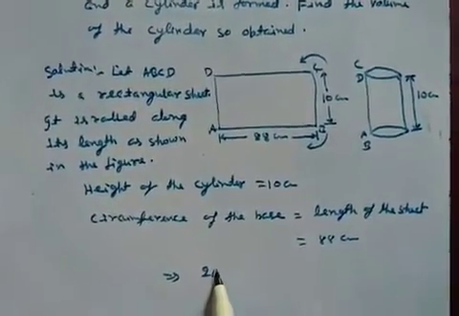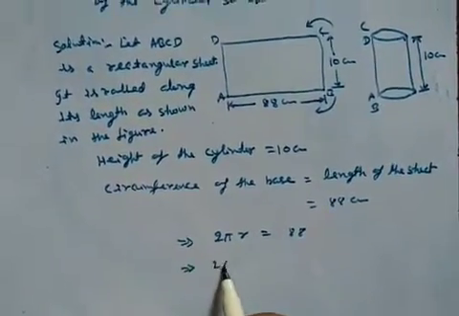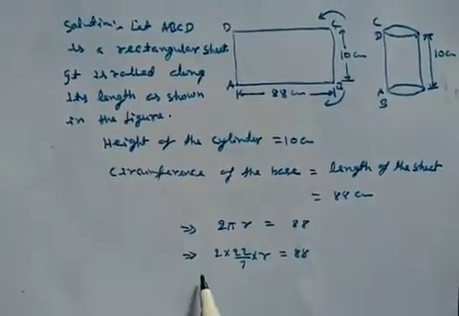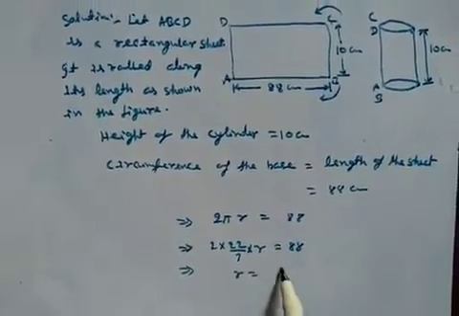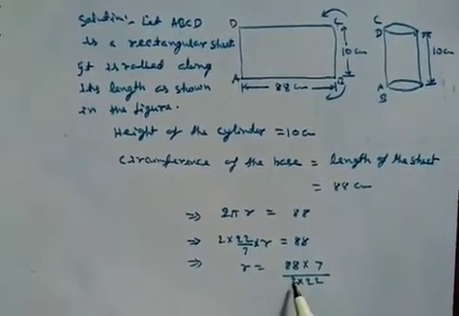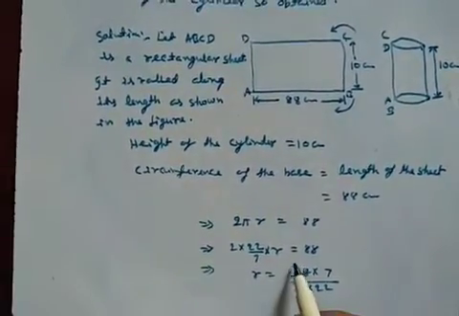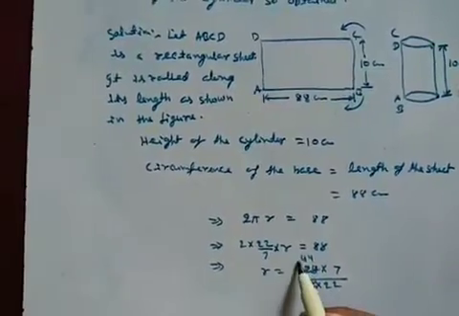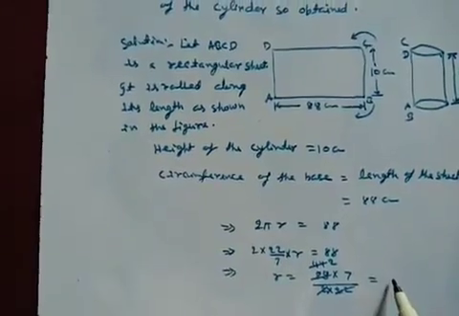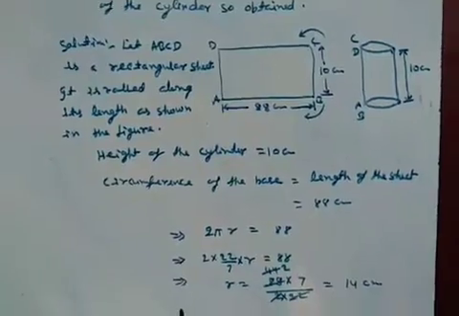So 2 pi r equal to 88. So 2 into 22 by 7 into r equal to 88. So r is equal to 88 into 7 by 2 into 22. 88 divided by 2 equal to 44, and 44 divided by 22 2 times equal to 14 centimeter. This is a radius of the cylinder.